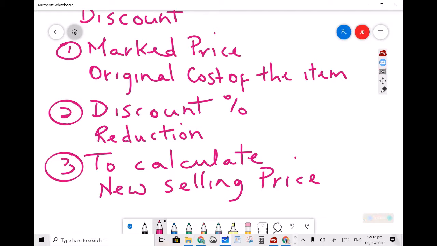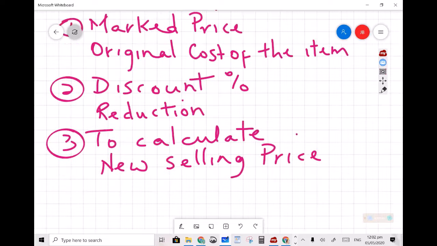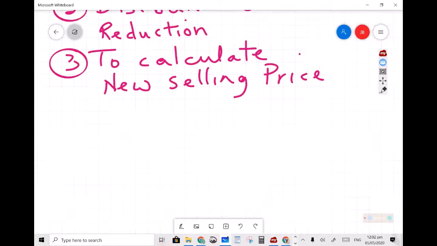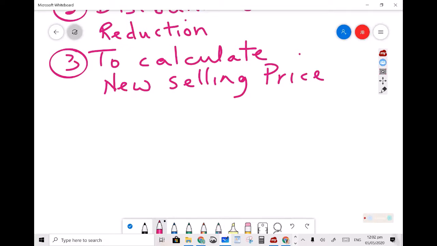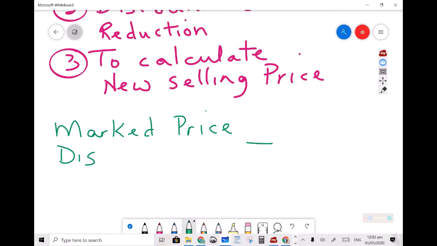Now basically your formula to calculate your new selling price is supposed to be your marked price minus your discount.